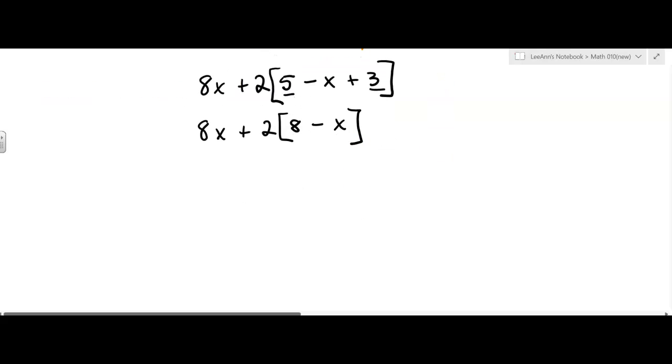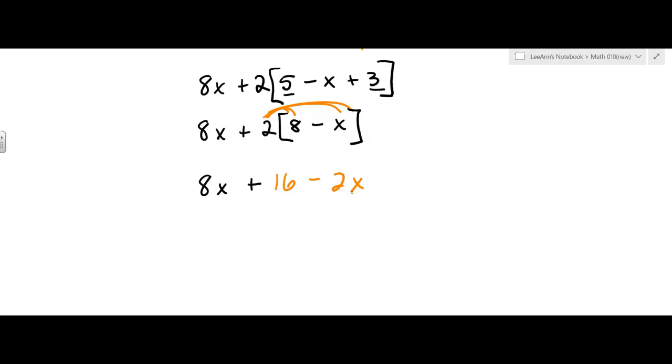So again, it's a distributing situation. So I'll distribute this 2, and I'm going to have 8x, I haven't done anything with that yet, plus, and now I'm going to have 16, because 2 times 8 was the 16. And then I have minus 2x. Okay, no sign change there because it was a positive 2 that we were distributing.